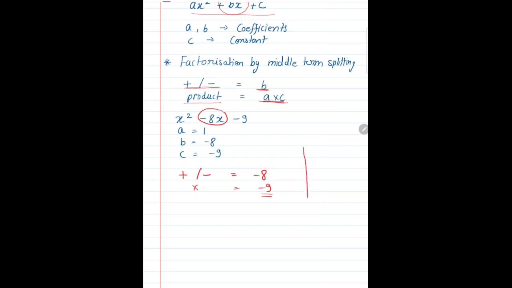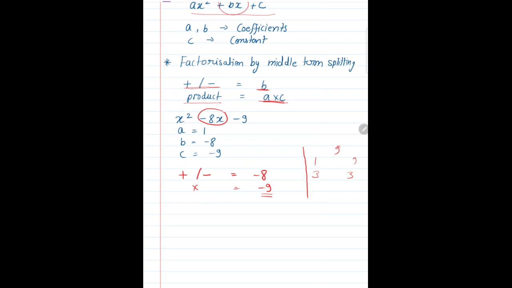So let's find factors of 9. The factors of 9 are 1 and 9, and it's easier when you write the factors in pairs. 1 times 9 is 9. Then we have 3 times 3, which is also 9. That's it. These are the only factors of 9.